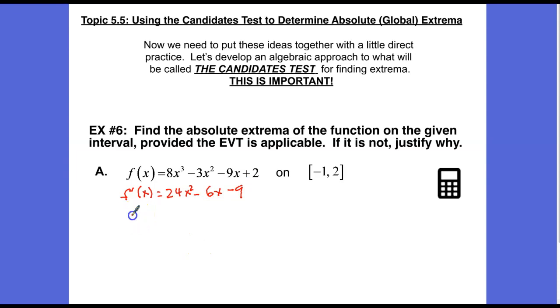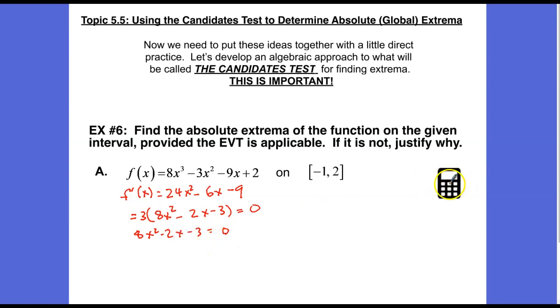Now, we can factor 3 out, and that's going to leave us with 8x squared minus 2x minus 3. And setting this equal to 0, we can divide the 3 out, and we have 8x squared minus 2x minus 3 equals 0.